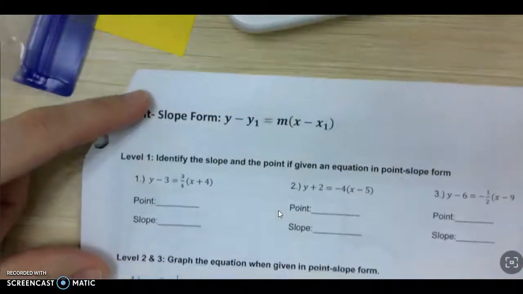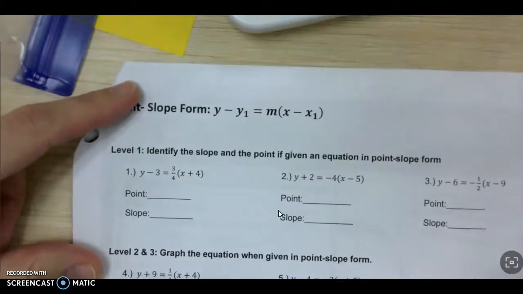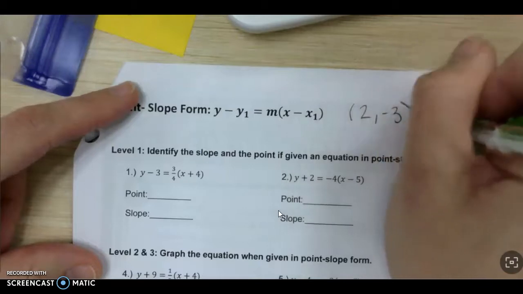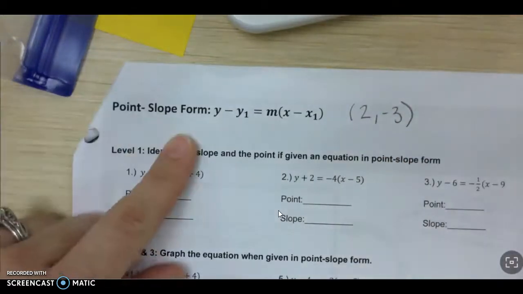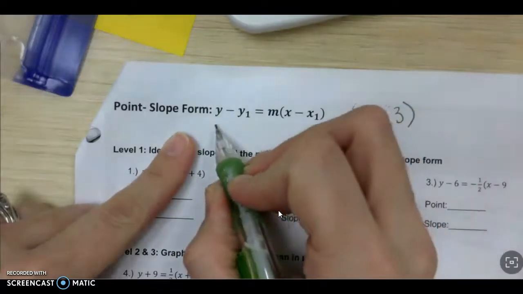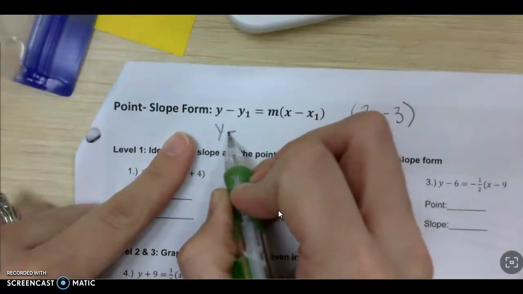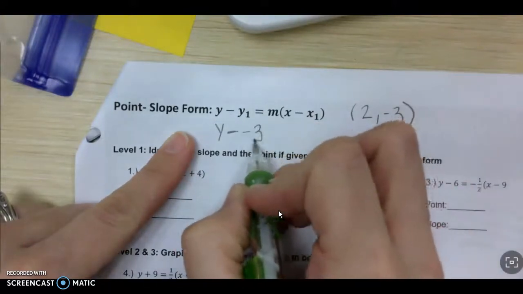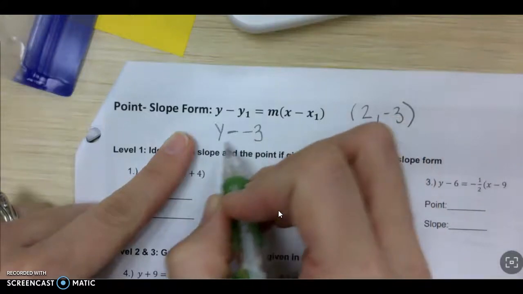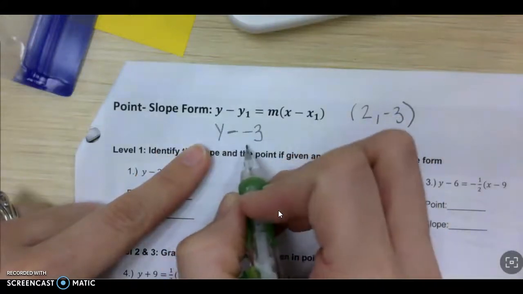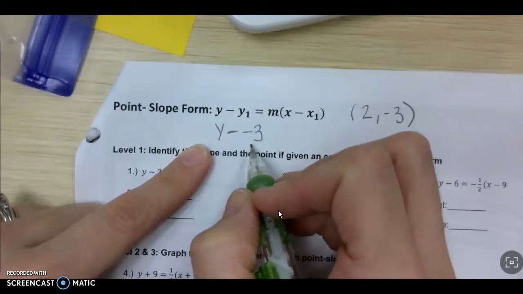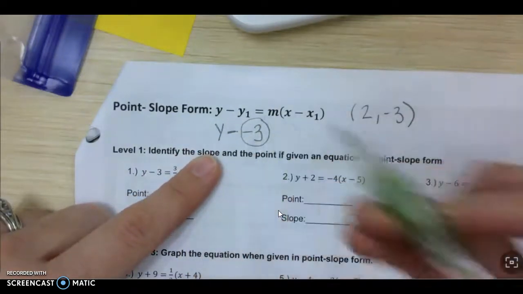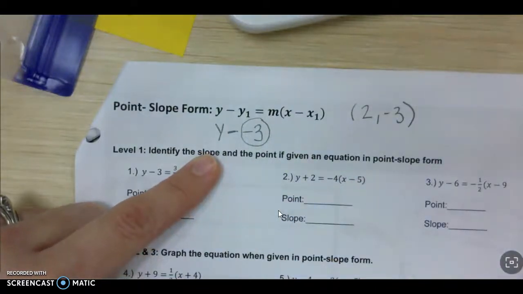But what we talked about yesterday is if I were to give you the point, say 2, -3, and you were going to write this equation, you would start by doing y minus your y coordinate, which is -3. Minus a negative turns that to a plus.